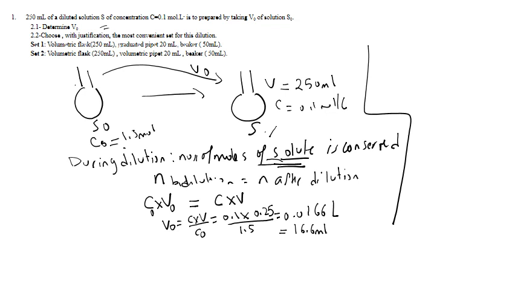But which pipette do we need? According to V0, it is 16.6 milliliter. Volumetric pipette is not correct, so the most convenient pipette should be graduated in order to measure 16.6 milliliter. It is graduated pipette 200 milliliter, so set 1 is the most convenient one.